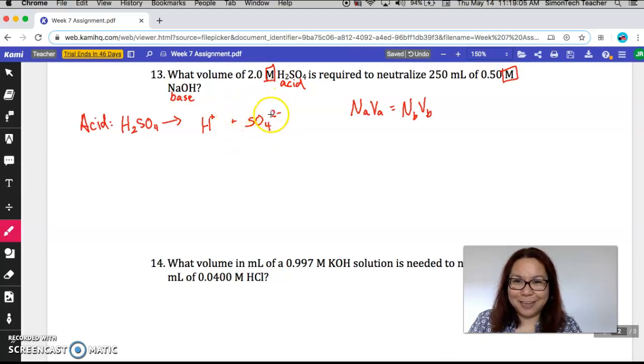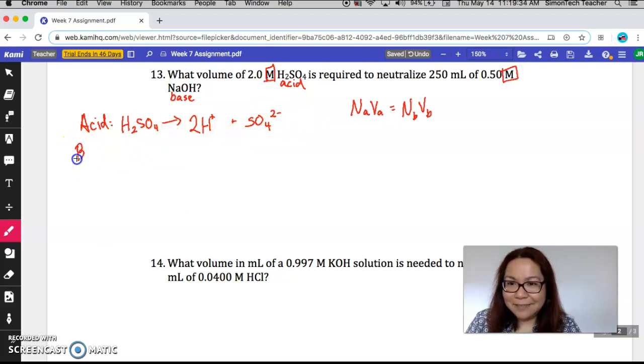So remember the crisscross method. There was a 2 down here where the H is, where the hydrogen is. Crisscross, so we know that is the oxidation state of the sulfate. All right, so going back to this compound here, we see that we have 2 hydrogens. So this 2 here tells you that we have 2 moles of hydrogen ions.